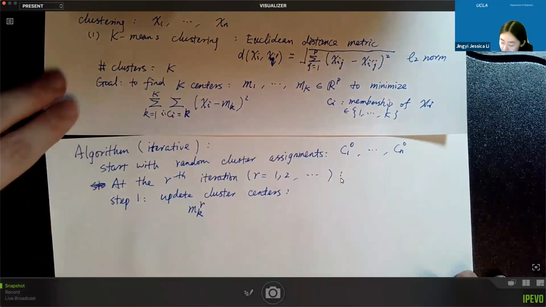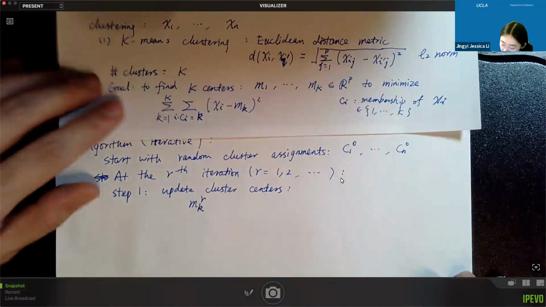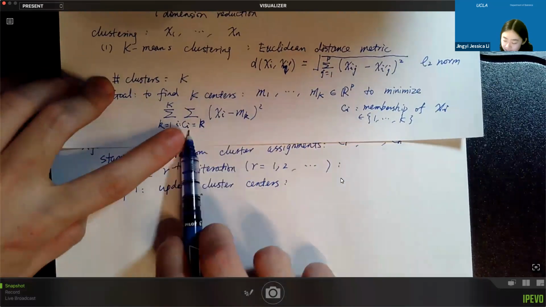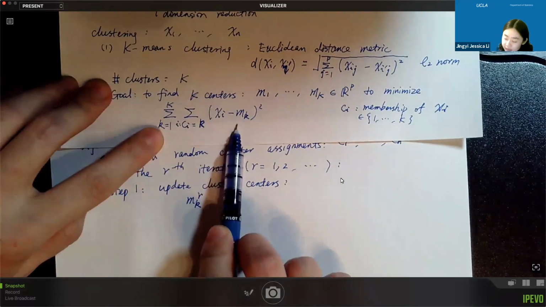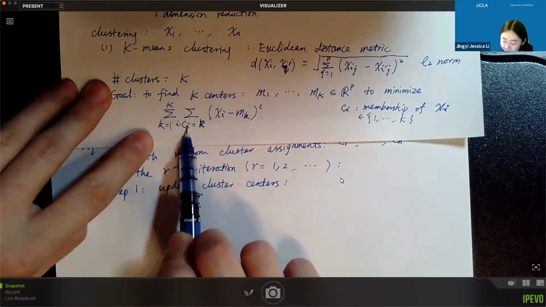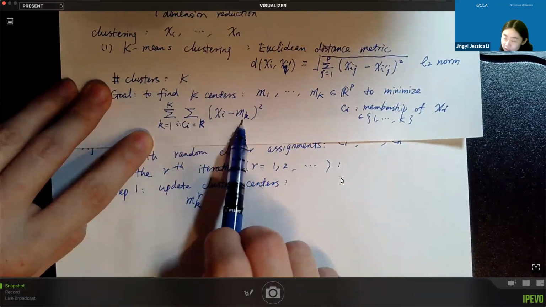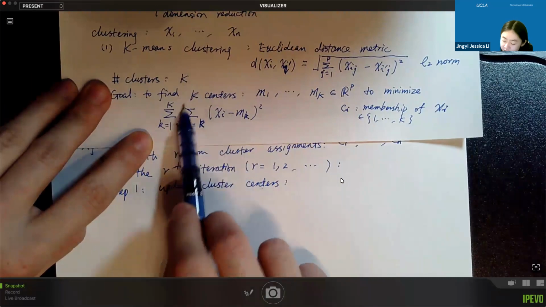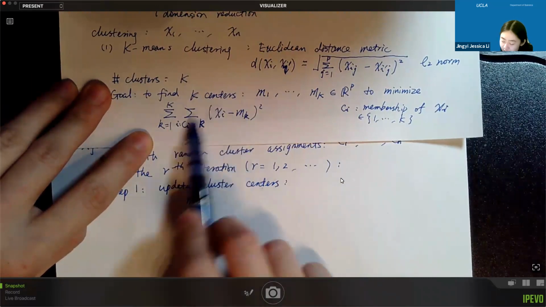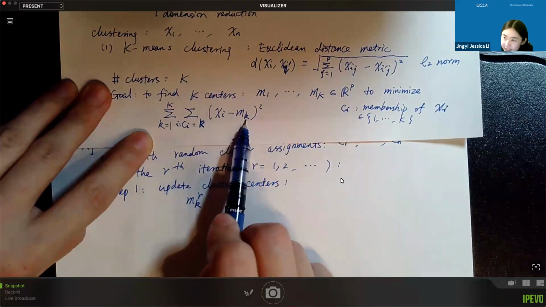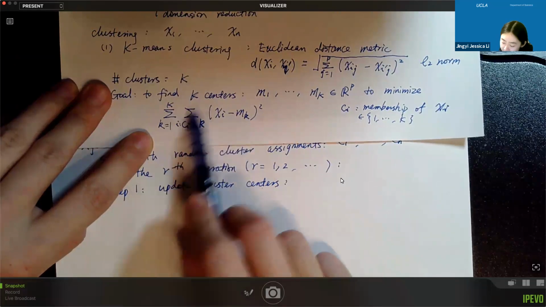So what I want to do is find the center given the assignment, right? Seeing this objective function to minimize, given the assignment being fixed, I want to find the center. So within each cluster lowercase k, I want to find the center m_k to minimize this.